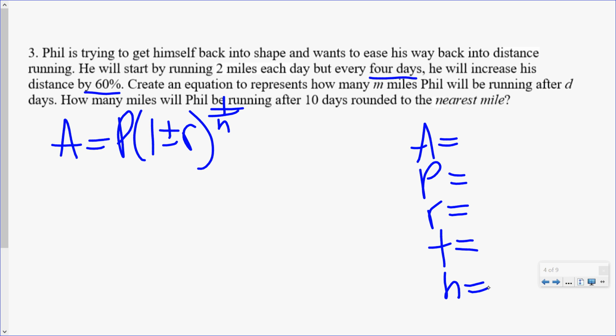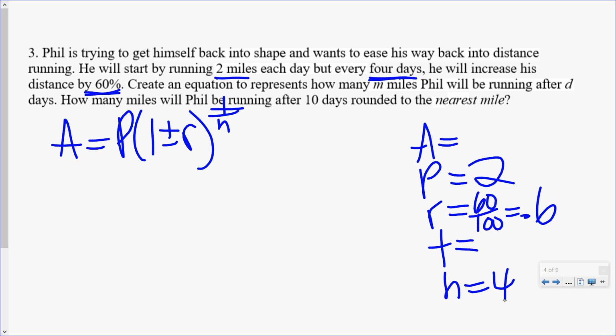He will start by running 2 miles each day. That's your initial amount. Every 4 days, he increases by 60%. So the rate is 60 divided by 100, which is 0.6. And that rate is being applied every 4 days. So H is 4.